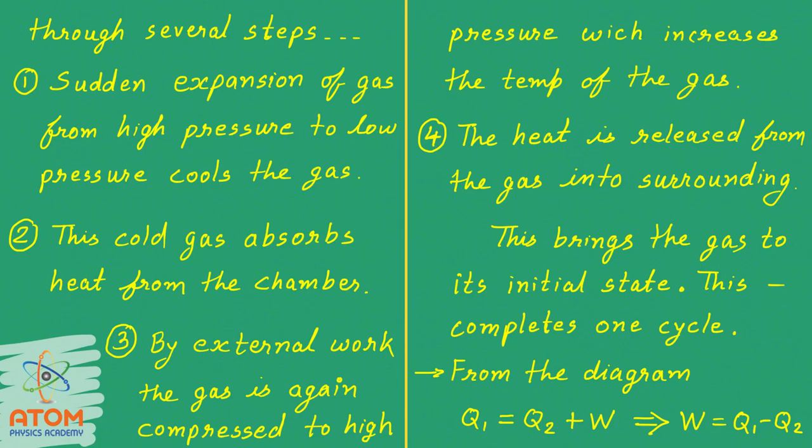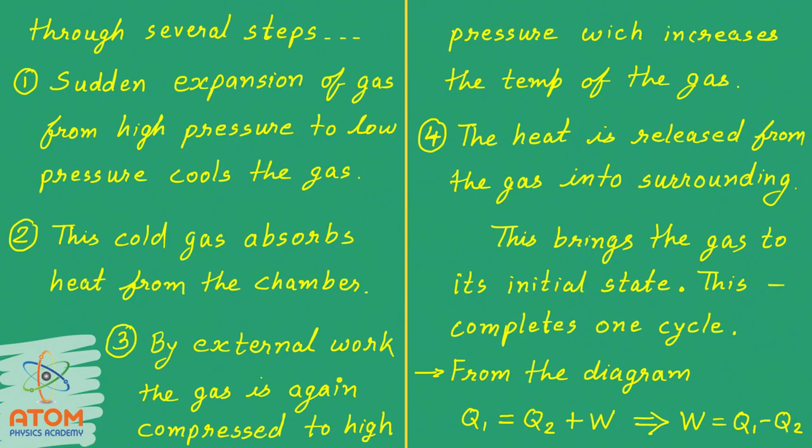So it is absorbing the heat from the gas and it is releasing the heat into surrounding. Alright. This brings the gas to its initial state again, and this completes one cycle. See, after this fourth step, the heat is already released from the gas, so it is again in the initial condition.